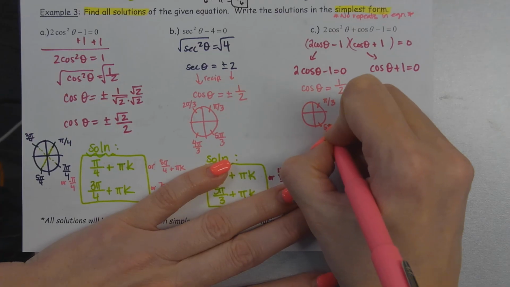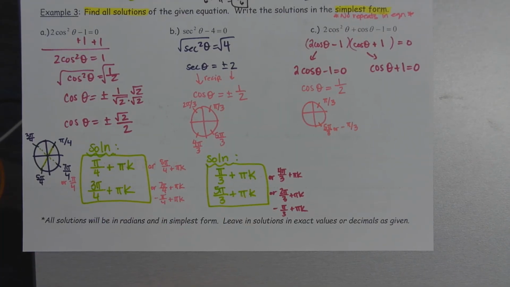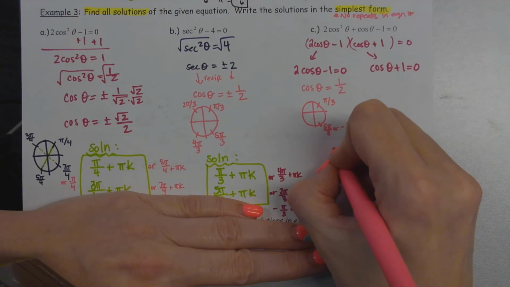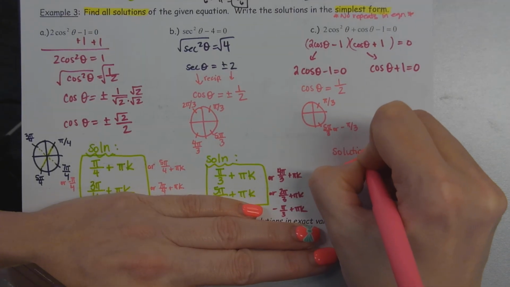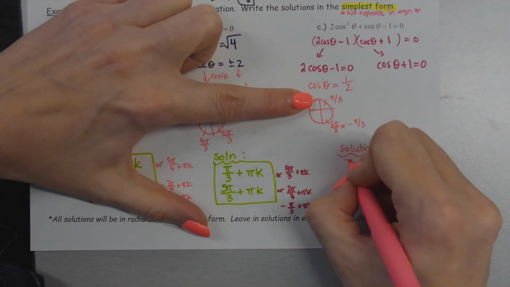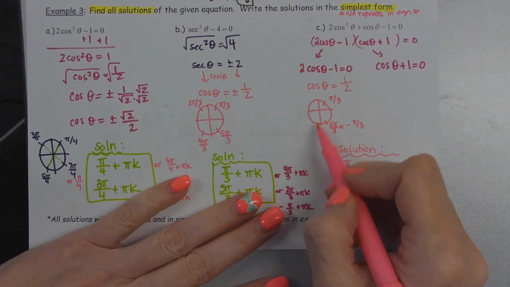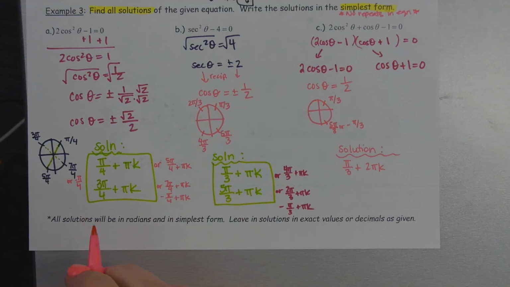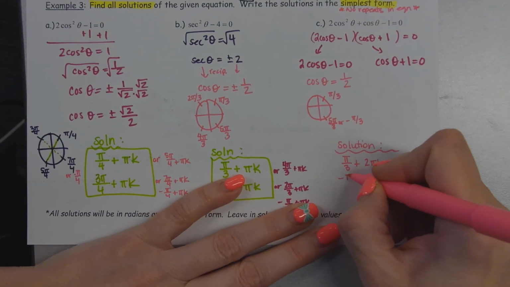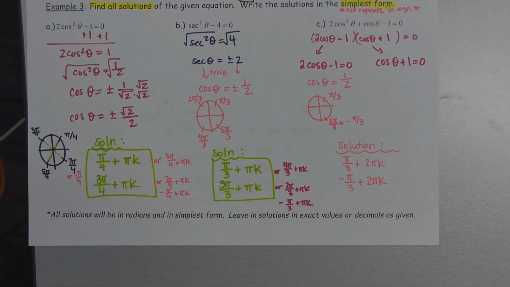And so you can call this 5 pi over 3, or some of you might just like using the negative pi over 3. Based on that, this part of your solution is going to be pi over 3 plus 2 pi k. And again, that's because you don't have anything across from it now. And then you can have negative pi over 3 plus 2 pi k, or 5 pi over 3, whichever one you want.